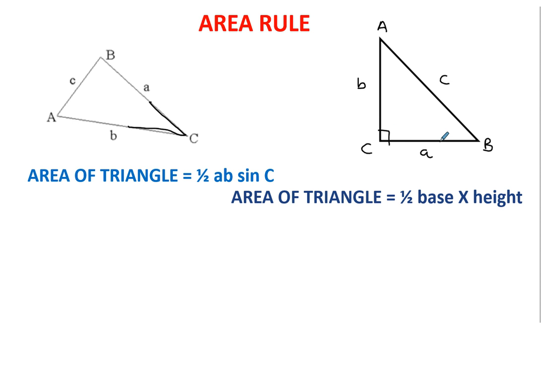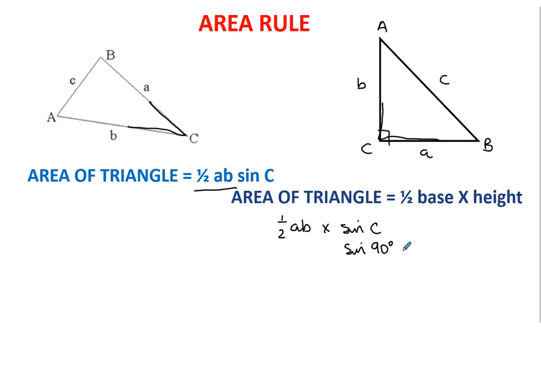So can you see you've got half of A times B, which is exactly the same as that. Now, if we add on times sine C, then we've actually got sine 90, because that's angle C.